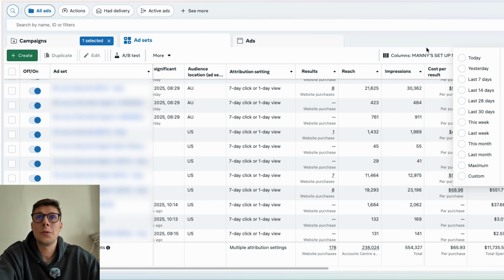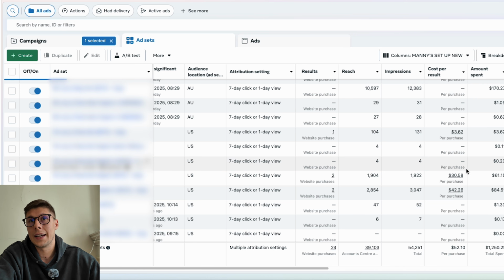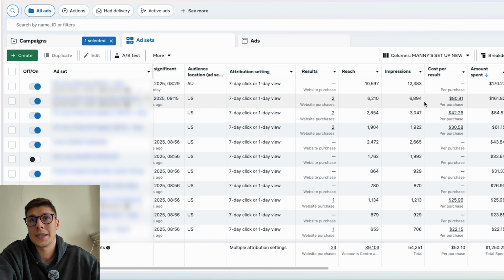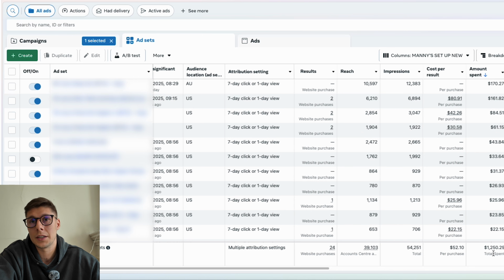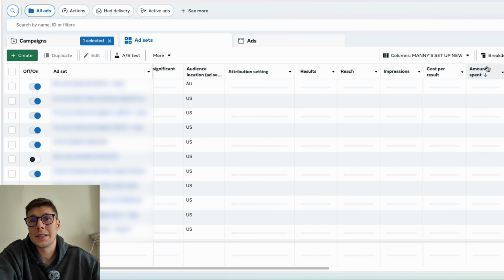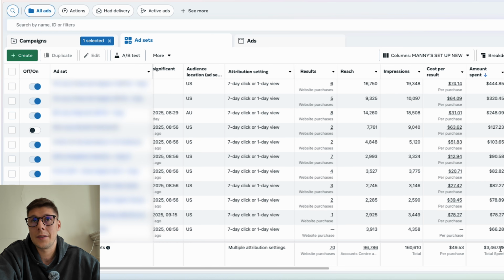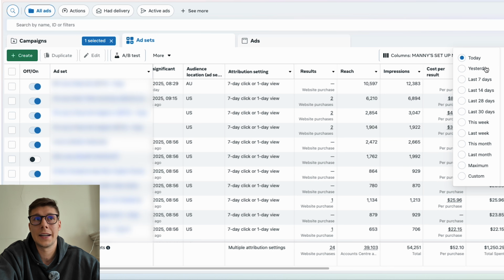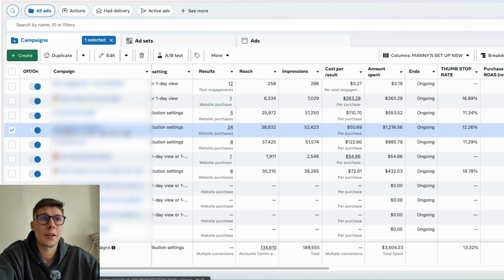Now, how do we get spend? Well, what you'll see today is that this particular campaign, which is the US campaign, is not actually spending much, right? So it's currently at $1,200 of spend. Yesterday, for example, it spent $3.5 grand. The reason for that is because today Facebook is picking up that there's not really that much demand today. So we're not too worried about it not spending much.